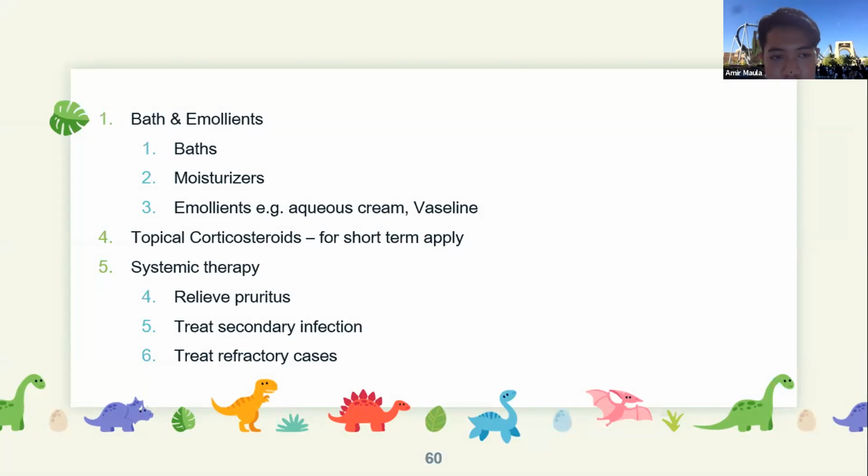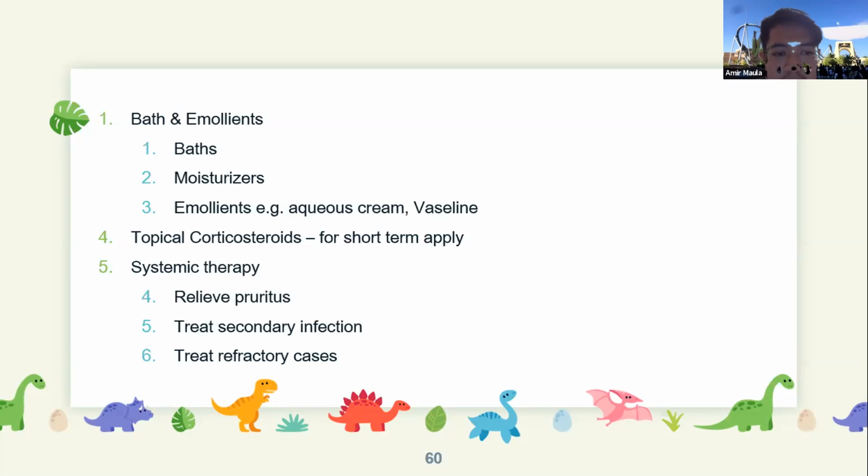Moisturizer reduces dryness in the skin by trapping moisture, and emollients are best applied after a bath, for example aqueous cream or Vaseline. They also use topical corticosteroid, which acts as an anti-inflammatory agent, but only for short-term application. They also use the least potent corticosteroid in order to prevent side effects.